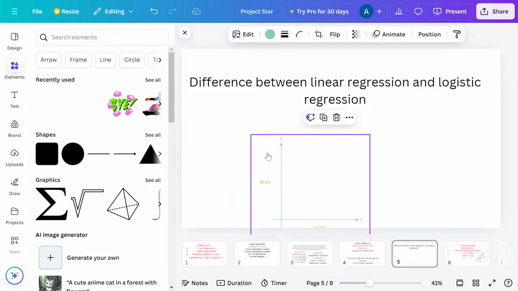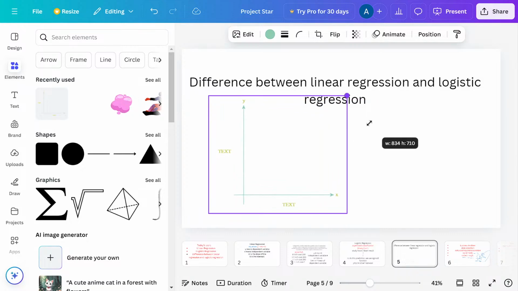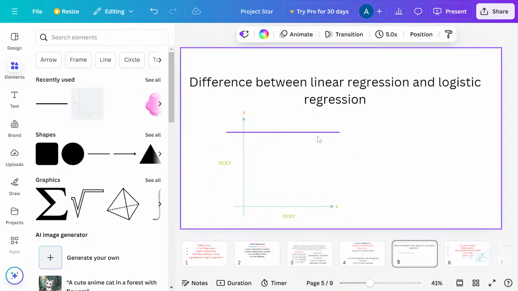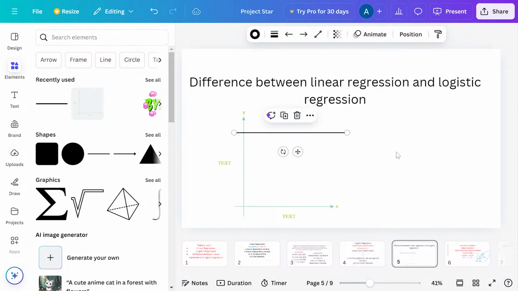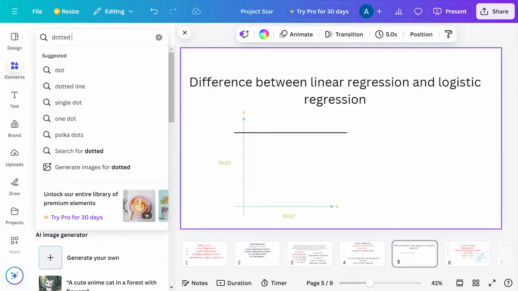Let me use this, let me use this, and let me use this too, and let me use something.